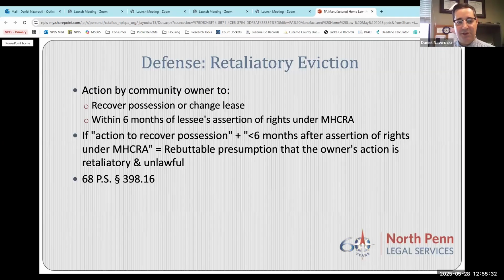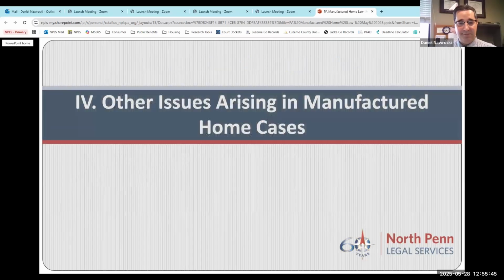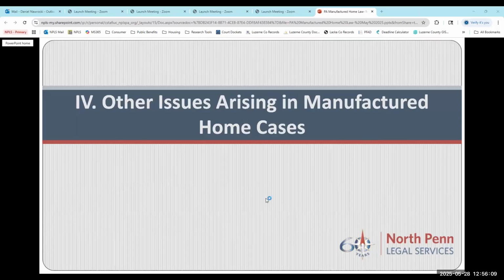It's a rebuttable presumption, but an owner that begins eviction proceedings within 6 months of a resident coming forward and trying to assert one of their rights, which we're going to get to in a minute. I'm going to turn it over to Cici to cover some other issues in manufactured home cases before we get to that list of rights.